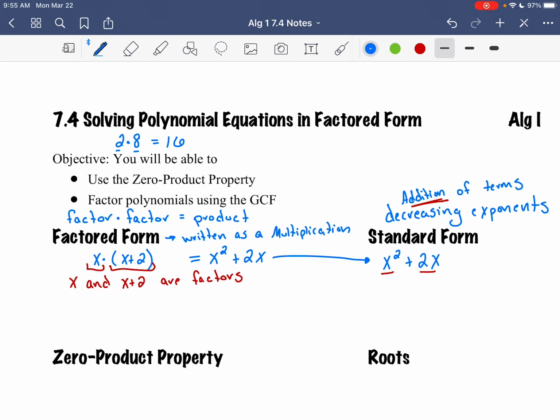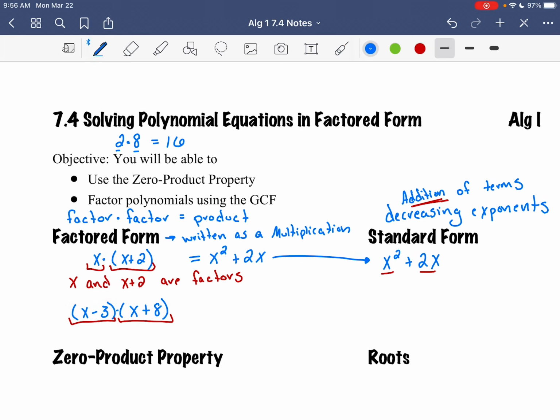For example, another polynomial in factored form would be x minus 3 times x plus 8. So there it is in factored form. My two factors are x minus 3 and x plus 8. Okay. And it's in factored form because I'm strictly multiplying this times this. It's a straight up multiplication.